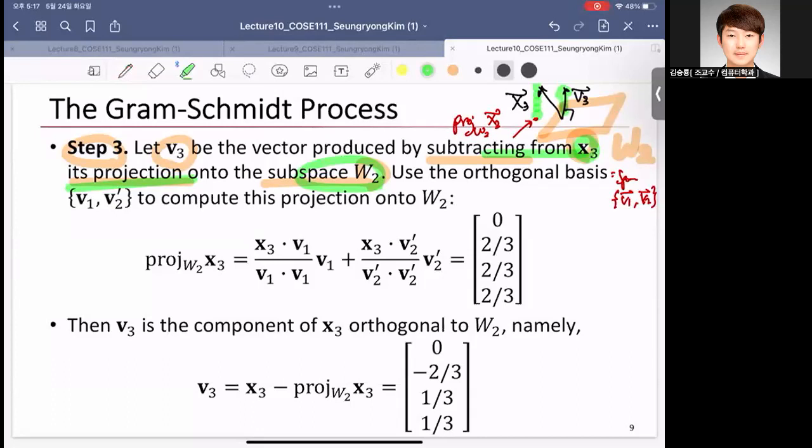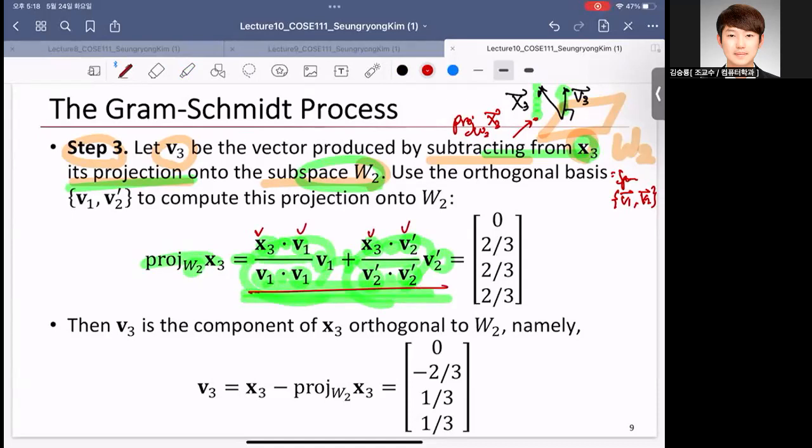Then the projection of x3 onto the W2 space is going to be x3 inner product v1 over v1 inner product v1 times v1, plus x3 inner product v2 prime over v2 prime inner product v2 prime times v2 prime. This is just the equation. You don't need to memorize this one, but we will just use this equation. 외울 필요 없어요. 여러분 이 equation 가져오면 돼요. Then in here we already know x3, v1, and v2 prime. Then you can easily find this one.